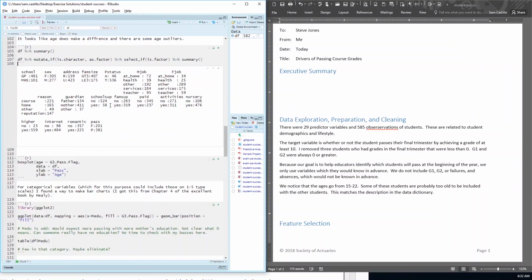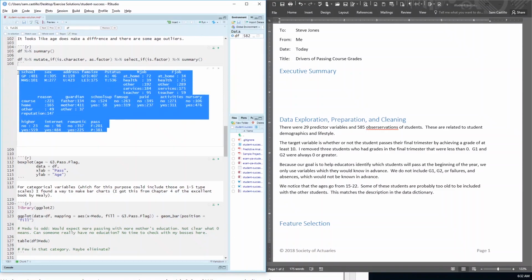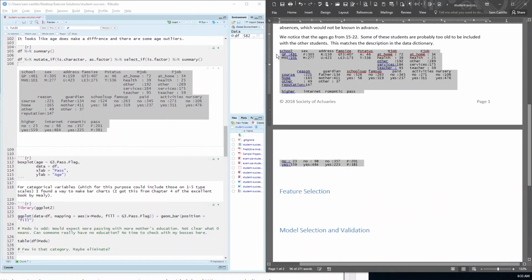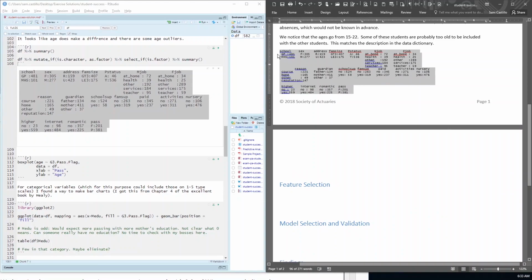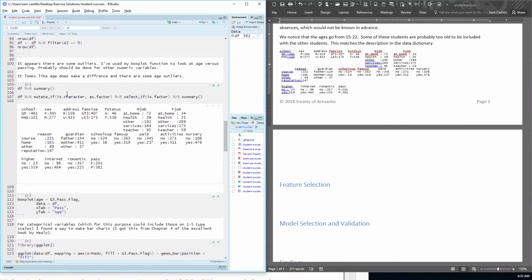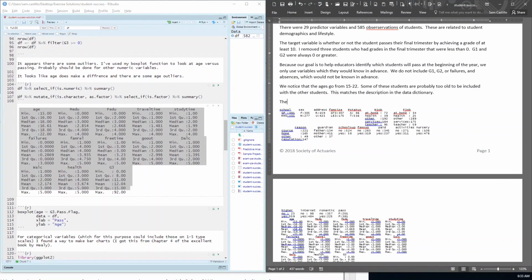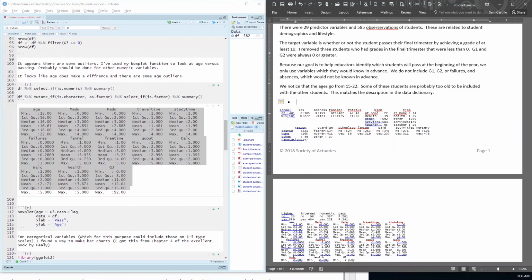Here we can see all of the levels for the factor variables. I'm using Control left bracket in order to adjust the font size. And let's do this for the numeric variables. Select_if is.numeric, right? So I'll just create some bullet points.